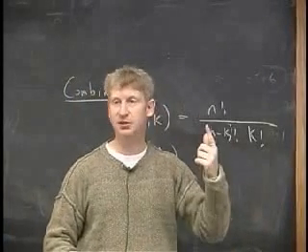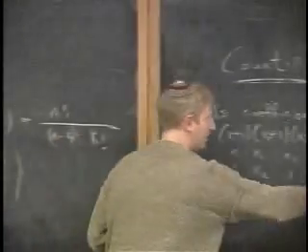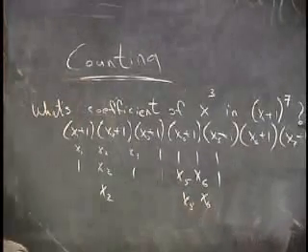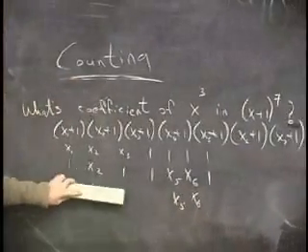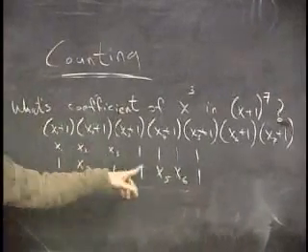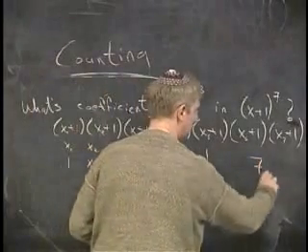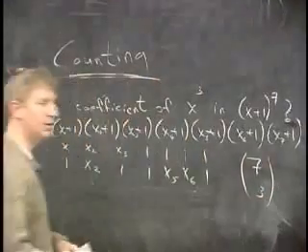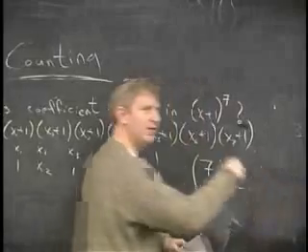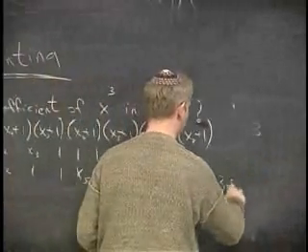7 times 6 times 5. I don't care about the order. If I pick x6 first and x2 next and x5 last, that's the same one. I don't want to count that twice. I care just about choosing a collection of 3 places from 7. That's exactly the same as 7 choose 3, which is 7 times 6 times 5 divided by 3 times 2 times 1, 35.